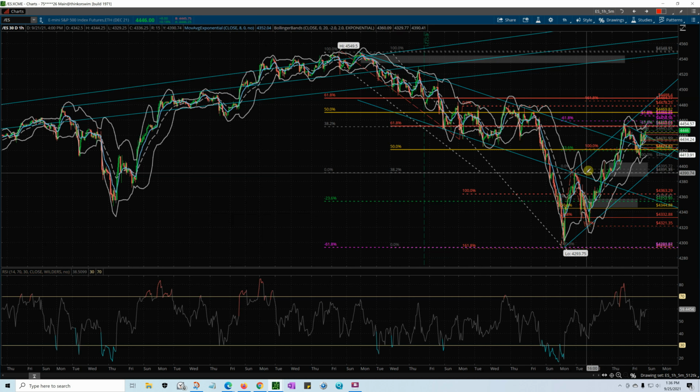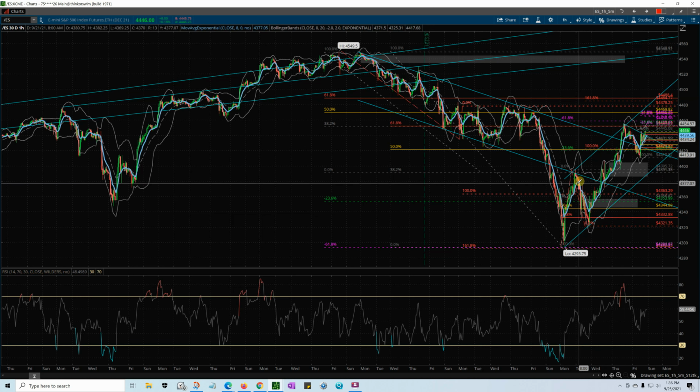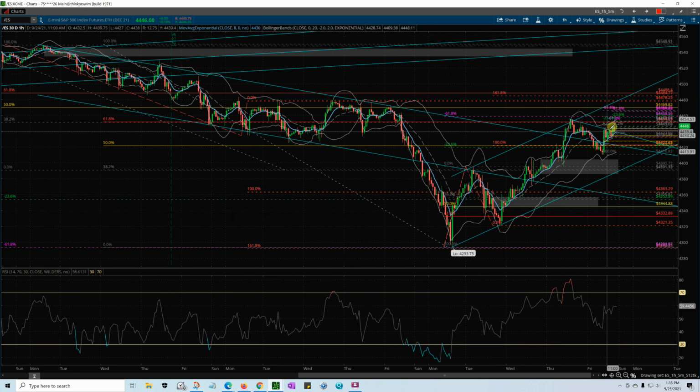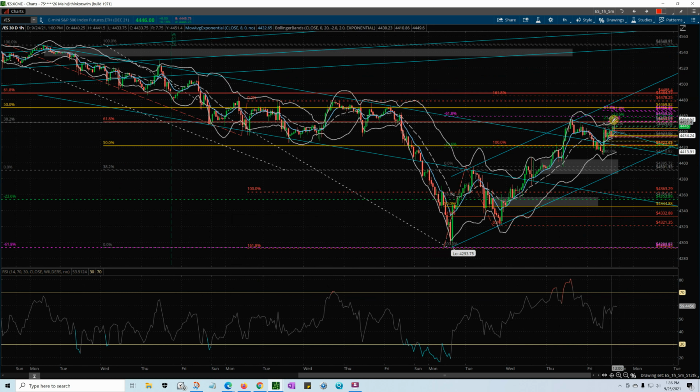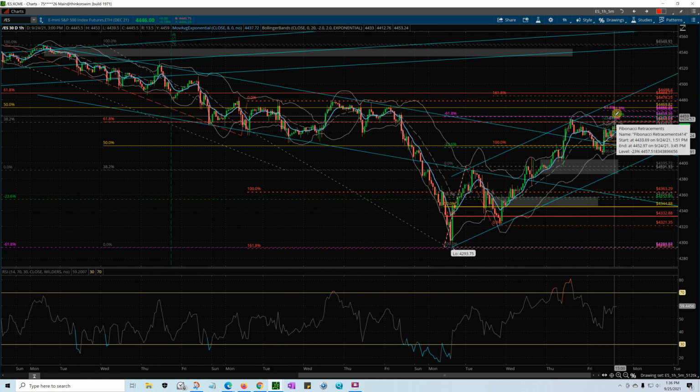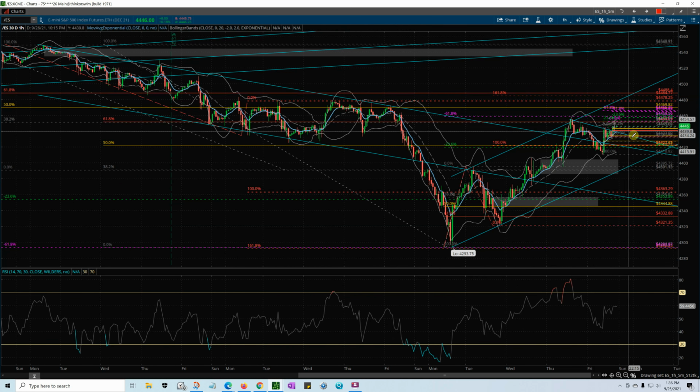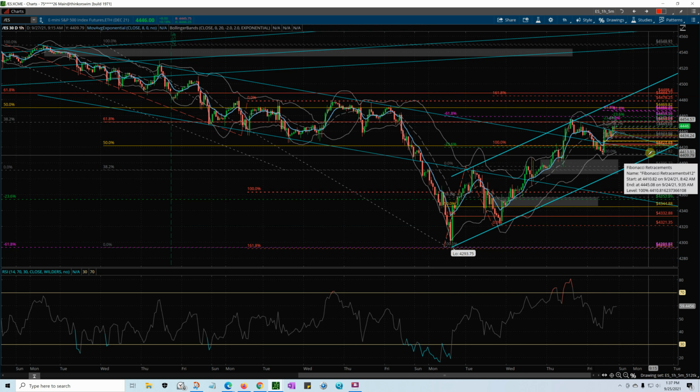But here's the scenario I'm thinking about for Sunday and for next week. The way we closed on Sunday makes me think that they're going to gap it up and over this high right here and basically run the stops of anyone who went short on Friday, which would be a new high. And then during the Asian session, we could come down, if this is a channel developing, and touch the channel over here and run the stops of everyone who was long on Friday.